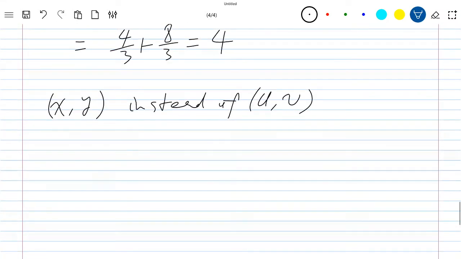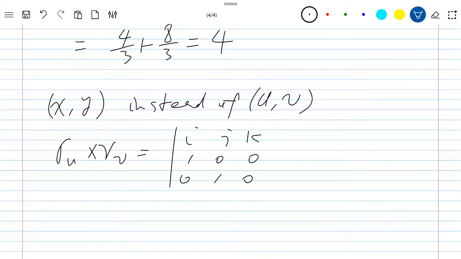Then your ru cross rv is particularly simple, because it's (1, 0, 0) and (0, 1, 0), right? Because this is just x, this is just y.